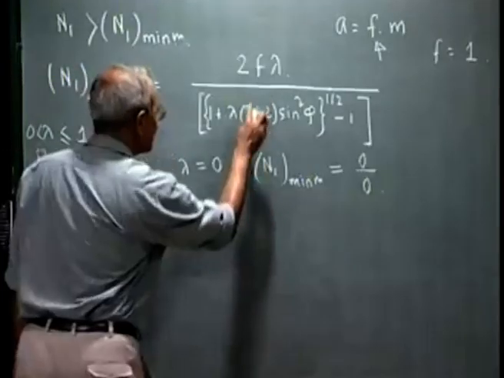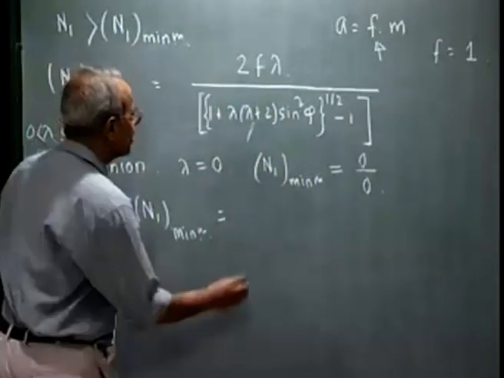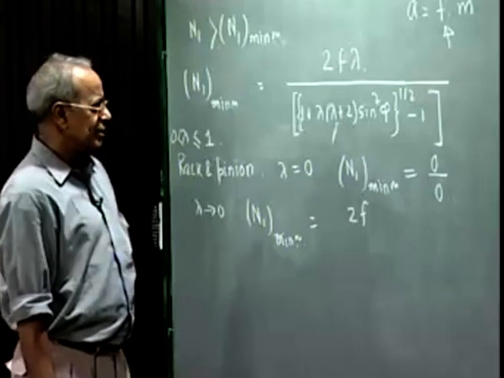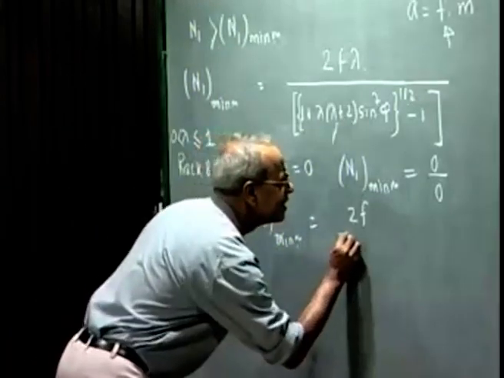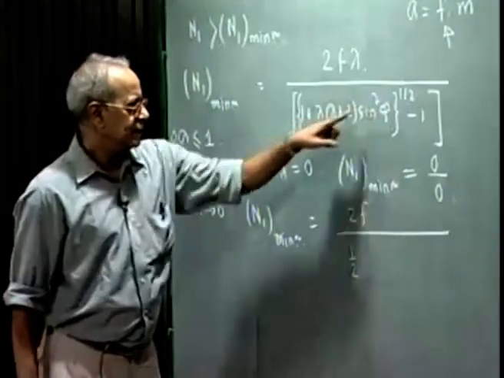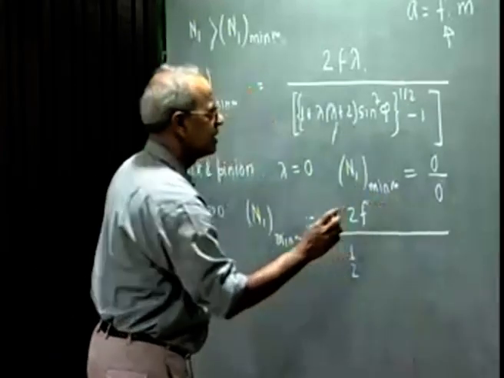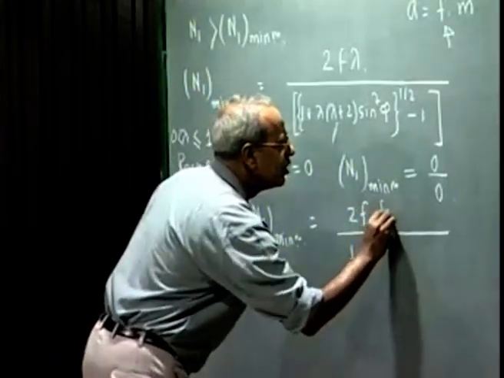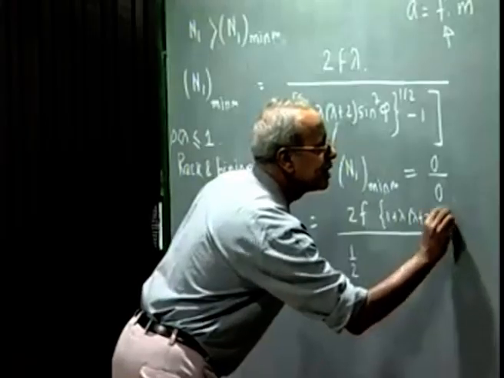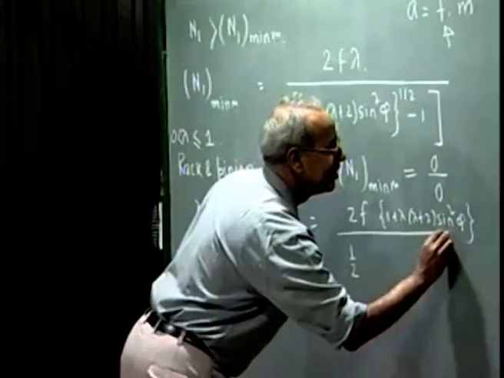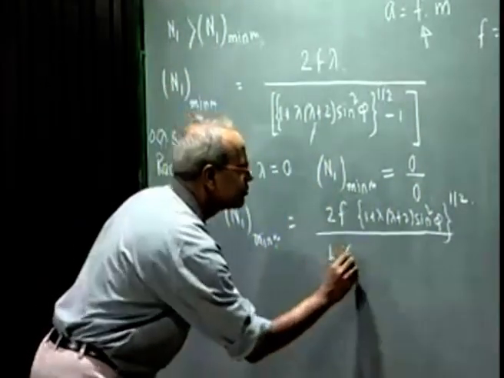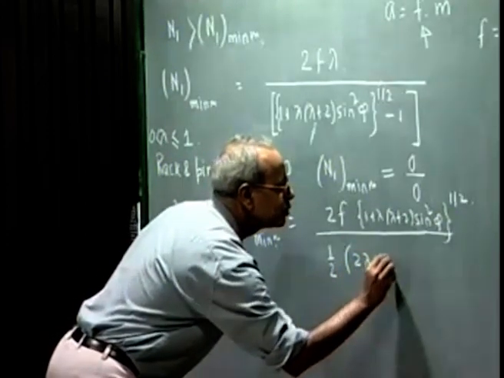So, that way if I take the derivative of this with respect to lambda, on the numerator I am getting 2f, and the denominator if I differentiate with respect to lambda, I get half, then this goes at the top, 1 plus lambda into lambda plus 2 sine squared phi to the power half, and here I am getting lambda squared is 2 lambda plus 2.